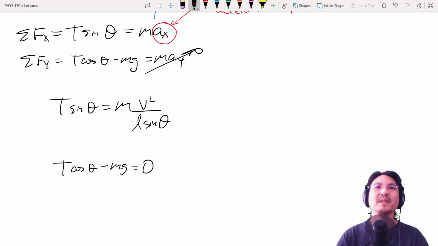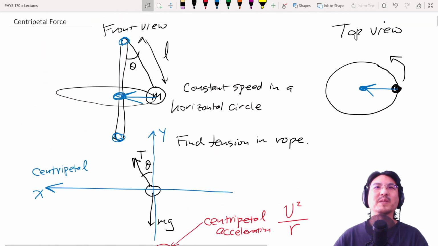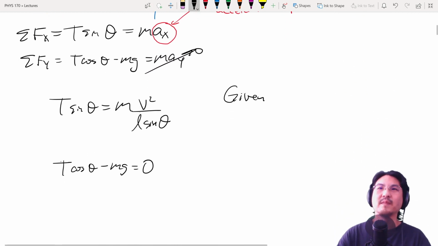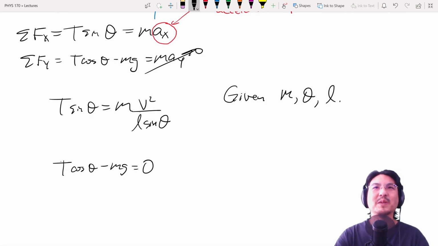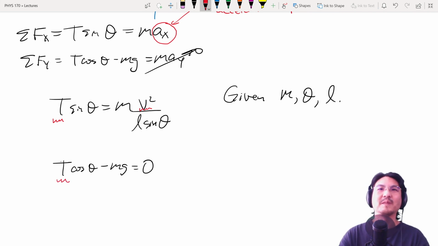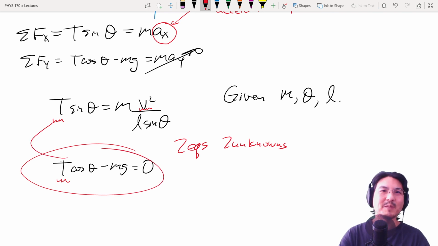So if we're given, right from the picture, the angle, the mass, and the length, what do we know and what do we not know? We don't know the speed, we don't know the tension, and there you go. So two equations, two unknowns. We would be able to solve for the tension in the cable, and actually we would be able to solve for the speed of the ball.